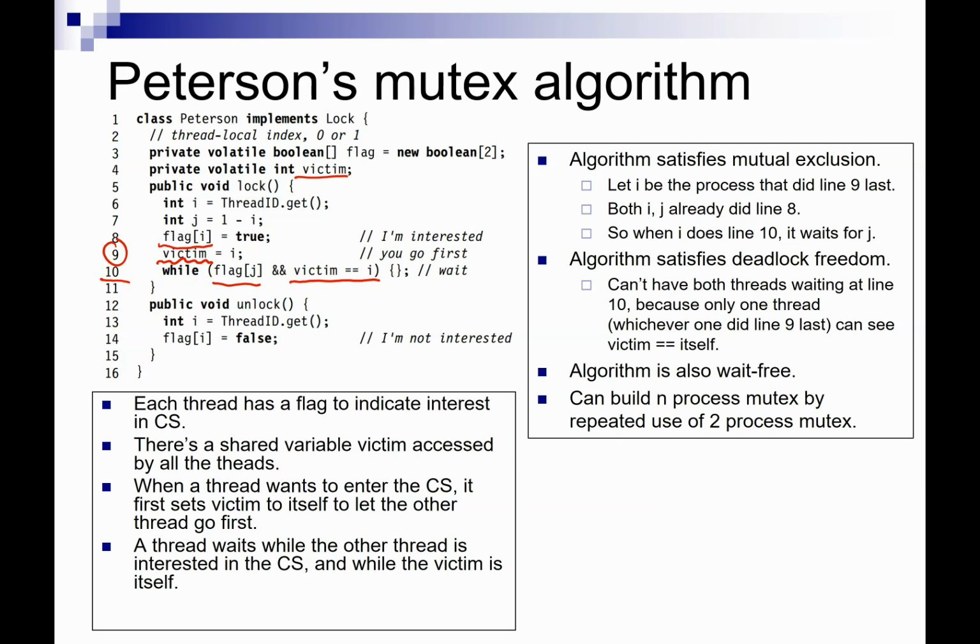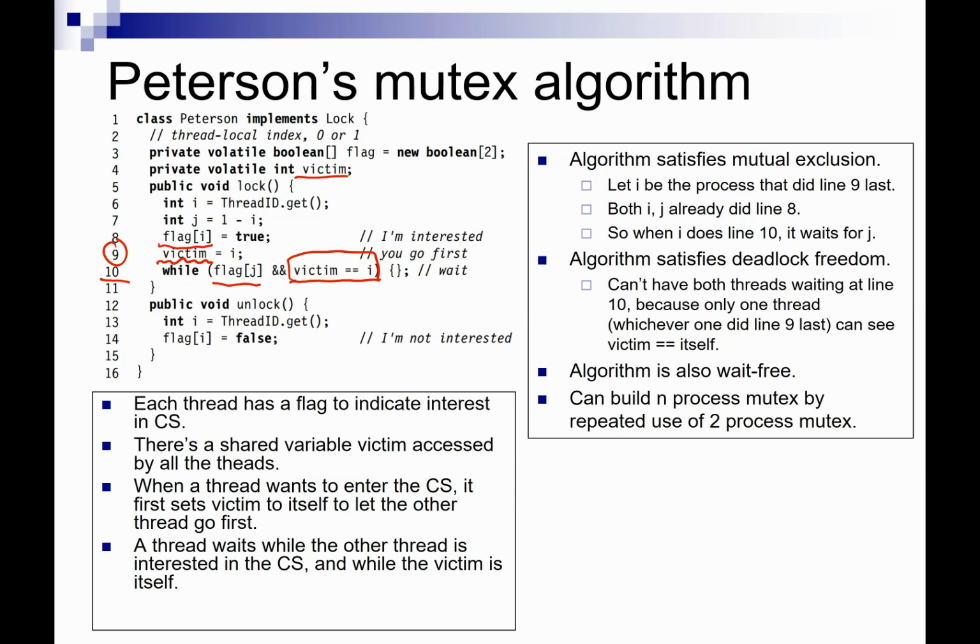But if I see your flag is false, so you're not trying to get into the critical section, then I'm not going to wait for you. Or if your flag is up but you volunteer to be the victim, so victim is not equal to I, it's equal to the other guy J, then I'm also not going to wait, because you volunteered to be the victim, so I'm going to go through. So that's the algorithm.